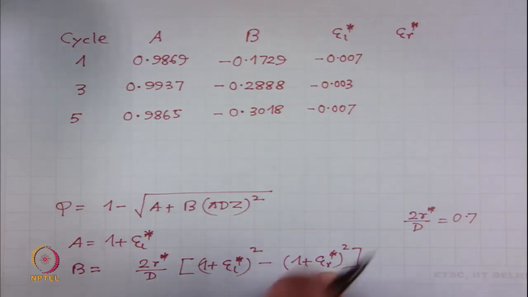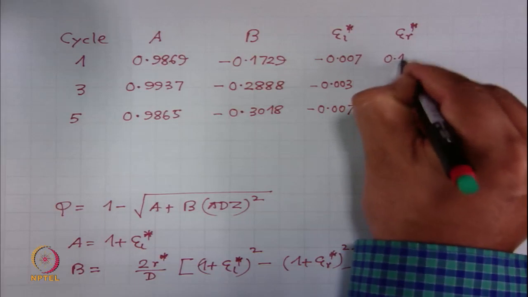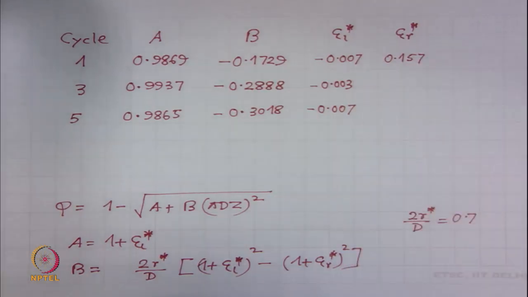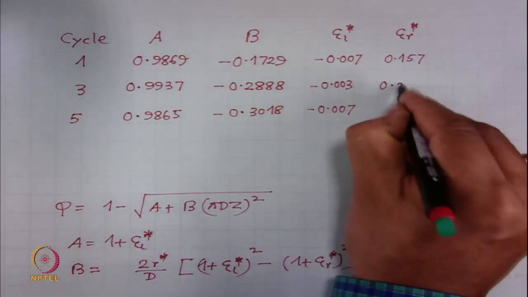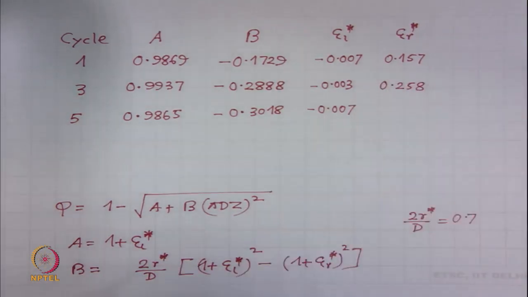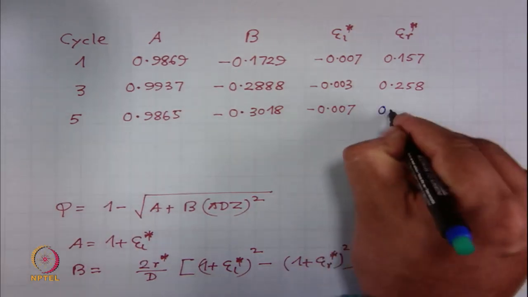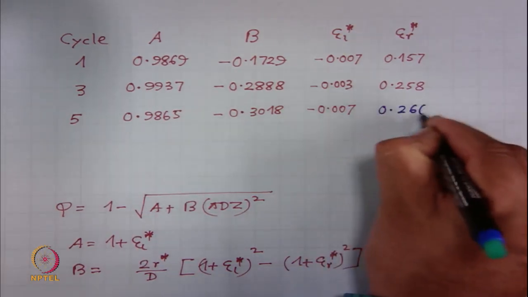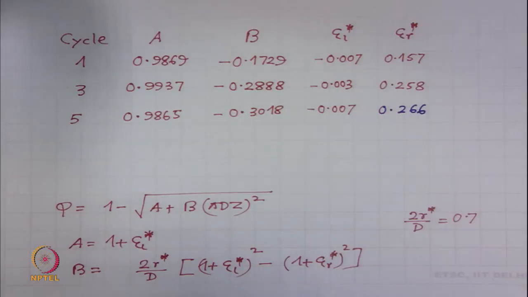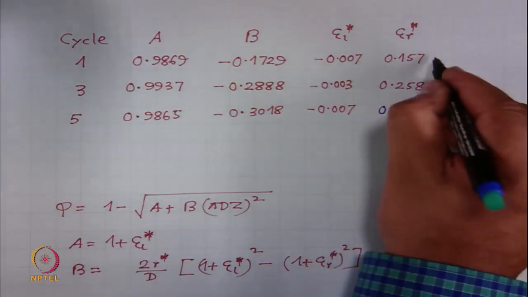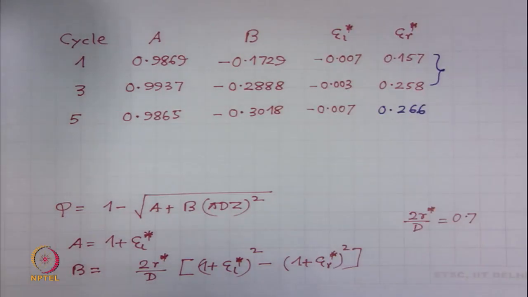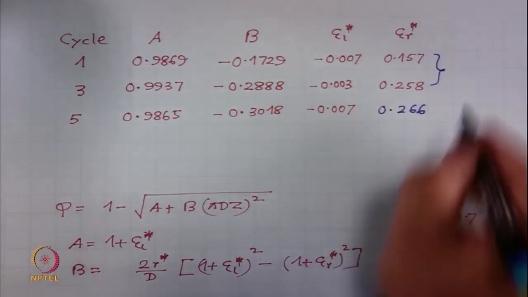This value was for the first cycle 0.157, for the third cycle 0.258, and for the 5th cycle, interestingly, it was 0.266. What we see is that this difference is much higher than this difference.